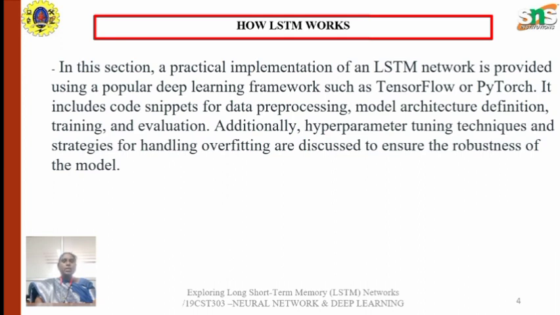The key equation governing the behavior of an LSTM is f_t = σ(W_f · [h_{t-1}, x_t] + b_f), where f_t is the forget gate output, i_t is the input gate output, o_t is the output gate state, and h_t is the hidden state output. W are the weight matrices, b are the bias vectors, and σ represents the sigmoid activation function.